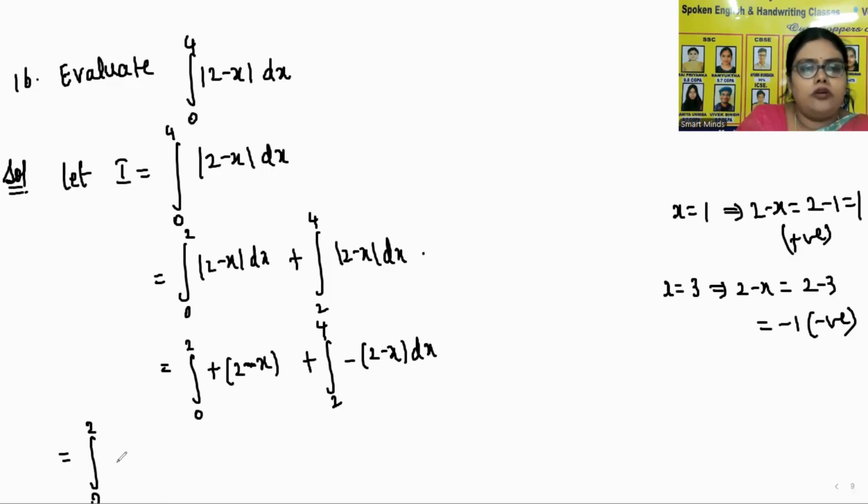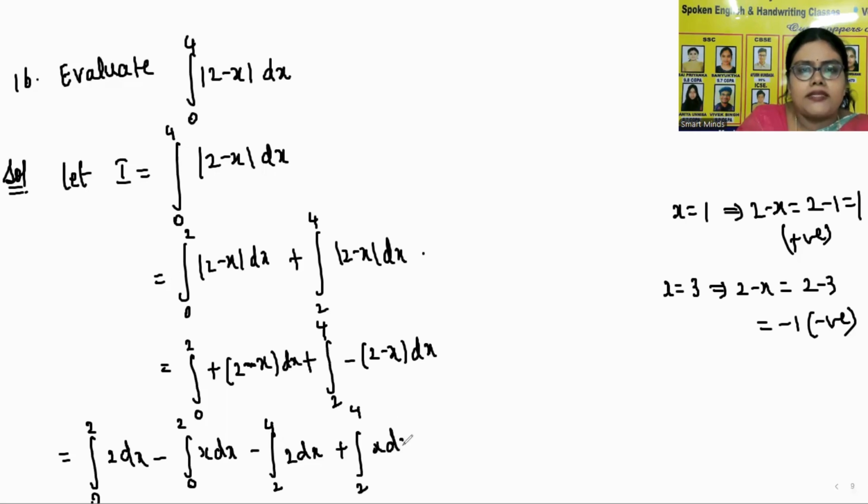Integral 0 to 2, 2 dx minus integral 0 to 2 x dx, minus integral 2 to 4 2 dx, minus into minus will become plus integral 2 to 4 x dx.